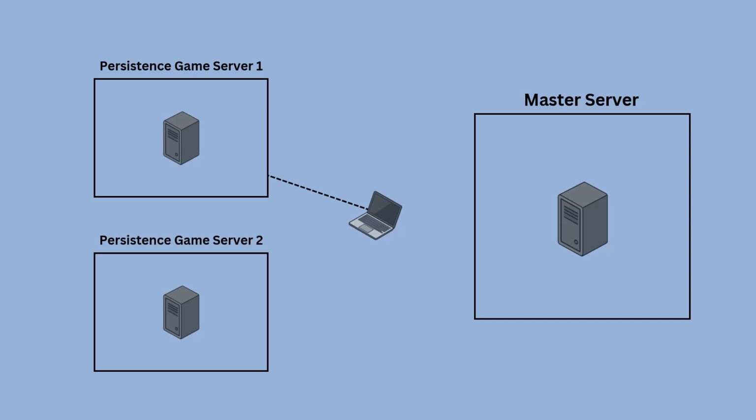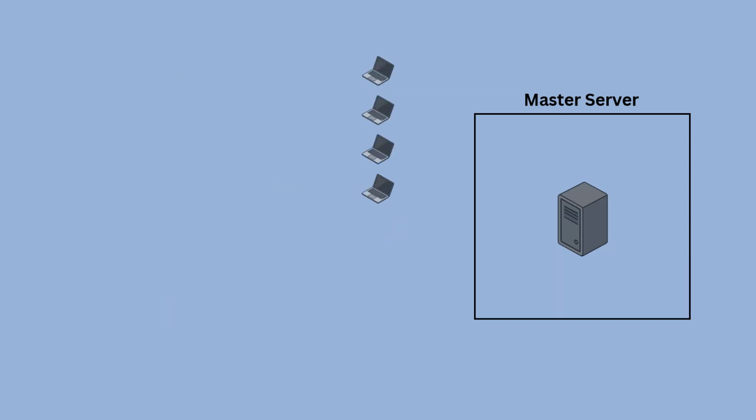Now, let's talk about the session-based servers. So in this type, game servers are created and destroyed for each match. For example, in a game like Dota 2, when a few players want to play the game together, they should either join a room or use matchmaking to be paired with other players.